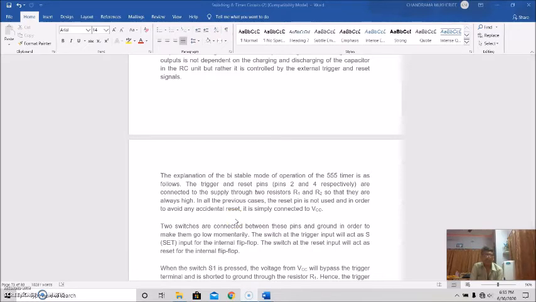so that they are always high. In all the earlier cases, that is in the astable or monostable cases, we have seen the reset pin is not used, and in order to avoid any accidental reset, it is simply connected to VCC.